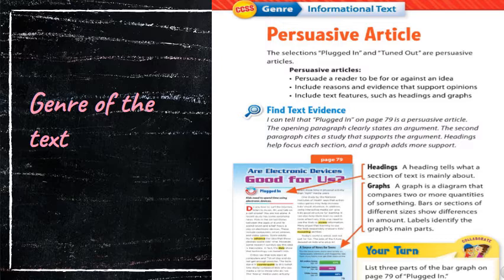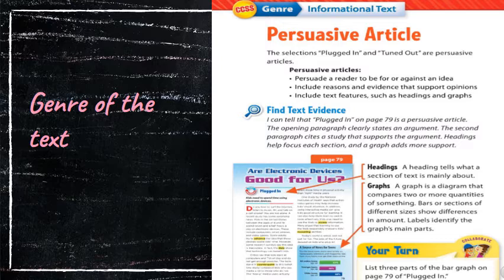Also, the article includes reasons and evidence that support each opinion. If you notice, in each opinion we can see that a lot of reasons and evidence are used. It also includes text features such as headings, graphs, and statistics.